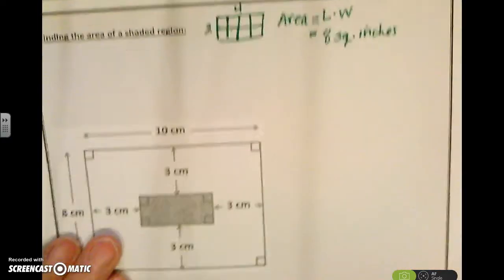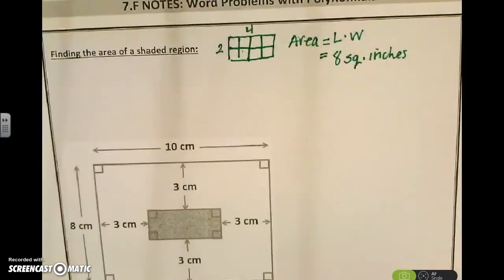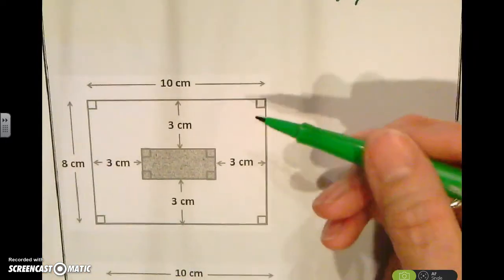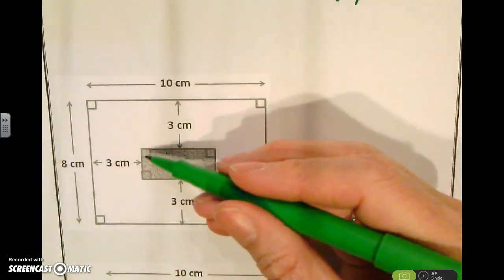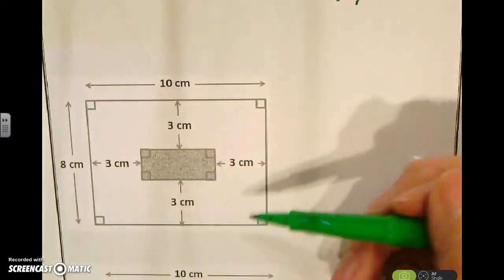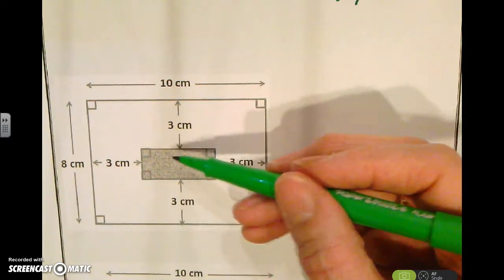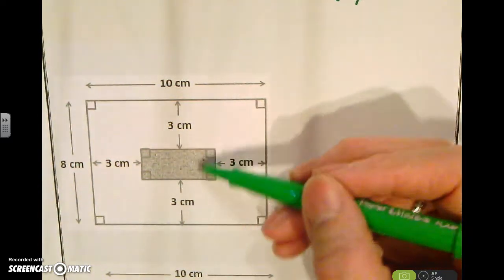All right, so in this first situation here, it asks us to find the area of a shaded region. So here we're going to look at this particular shaded region here. And you see there's lots of things going on. There's a big rectangle and there's this little rectangle, but the shaded one here is the one here in the middle.